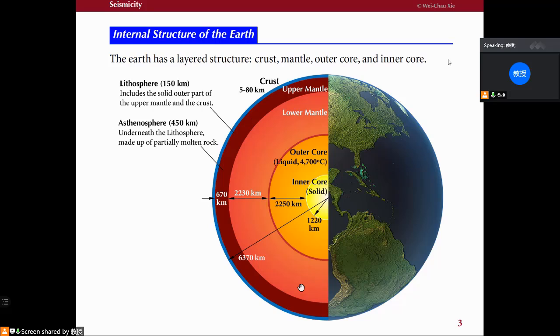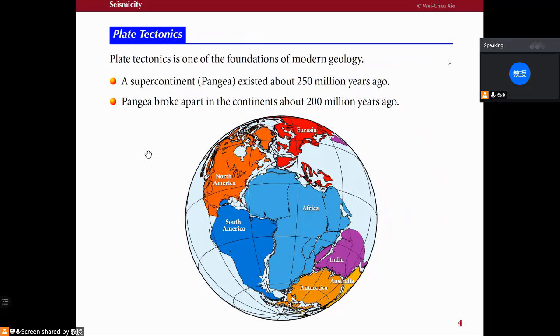So it's very hot in the core of the Earth. Okay, the theory of earthquake is based on the theory of plate tectonics. 中文是板块理论。Plate tectonics is one of the foundations of modern geology.